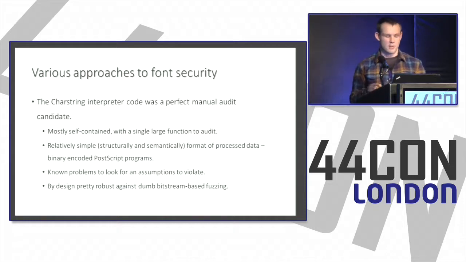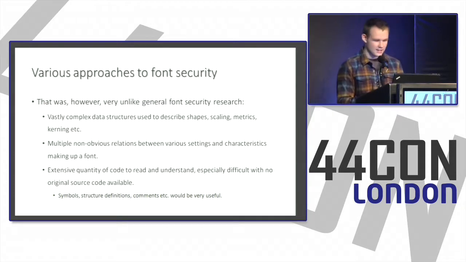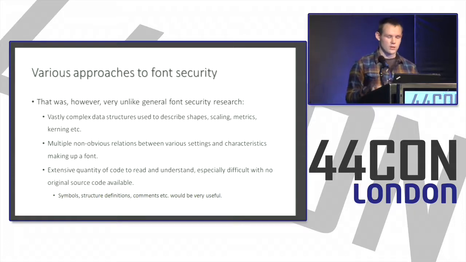And if you think about it, it would be really difficult to find any bugs inside of Charstring interpreting using fuzzing. So it was much more effective to do it by hand. But it's unlike general font security research, because overall, fonts contain vastly complex data structures. You have many tables that reference each other and many connections between the data inside of it.